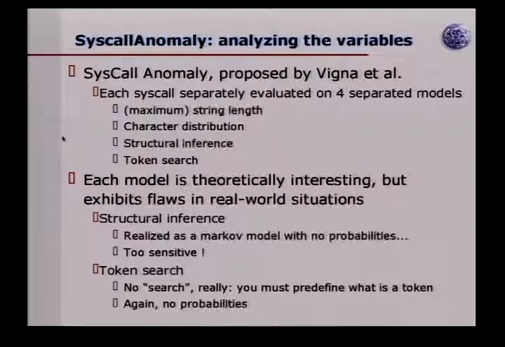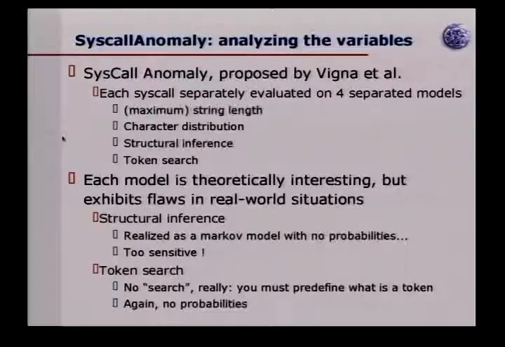These models are theoretically very interesting, but they are flawed. In the real world, they do not work. So what we did was to analyze them. For instance, the structural inference model, which tries to characterize the structure of a string, is fundamentally a Markovian model without probabilities.